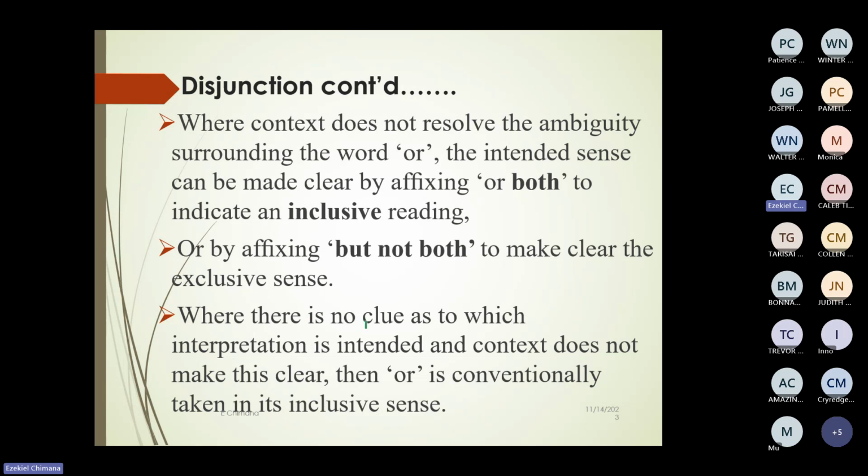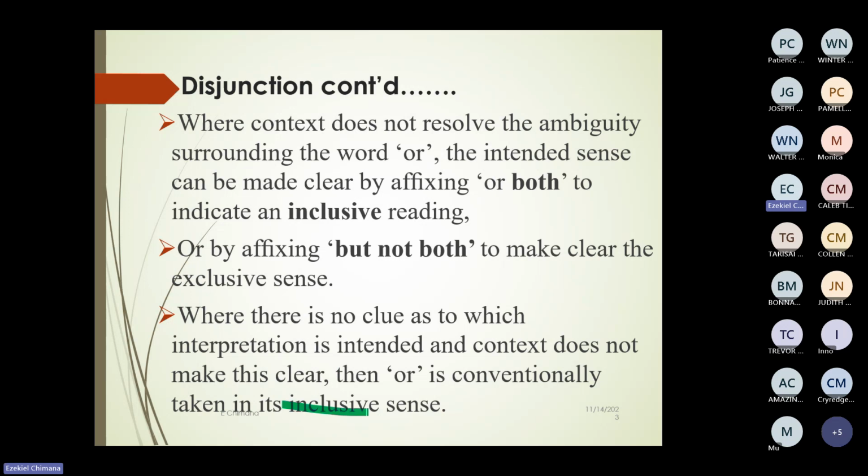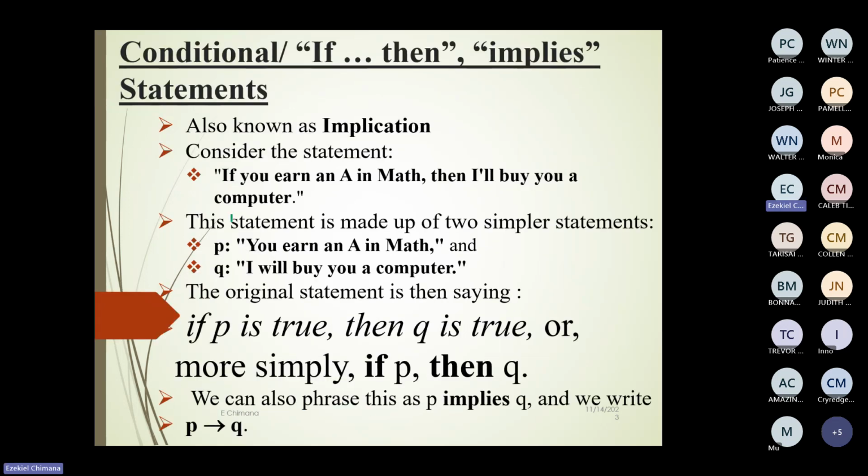Where there is no clue as to which interpretation is intended and the context does not make this clear, then or is conventionally taken in its inclusive sense. So if it is not mentioned that you are including both or but not both, or the question or the statement itself is not revealing that, then it is the inclusive or.